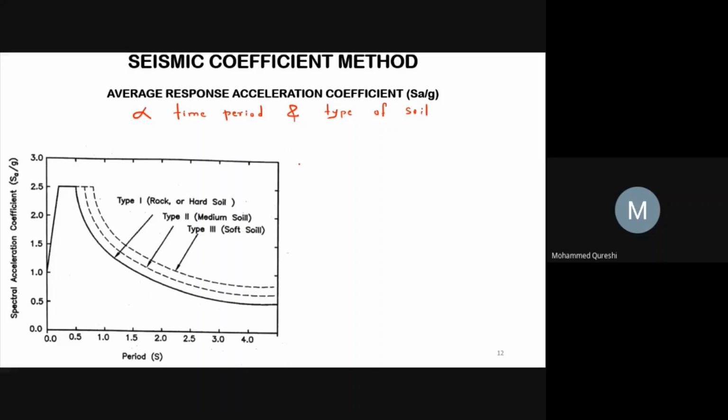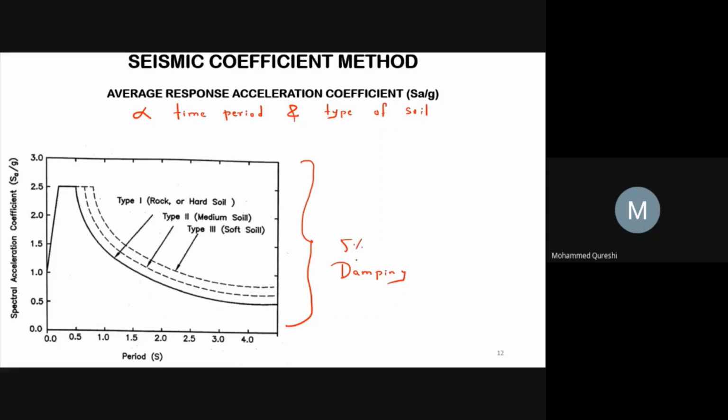So, generally this figure is for 5% damping only. And for other damping values, you have to multiply the factor which is given in clause 6.4.2.